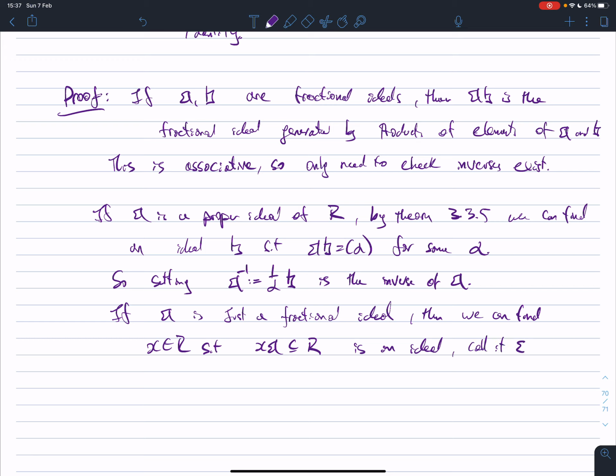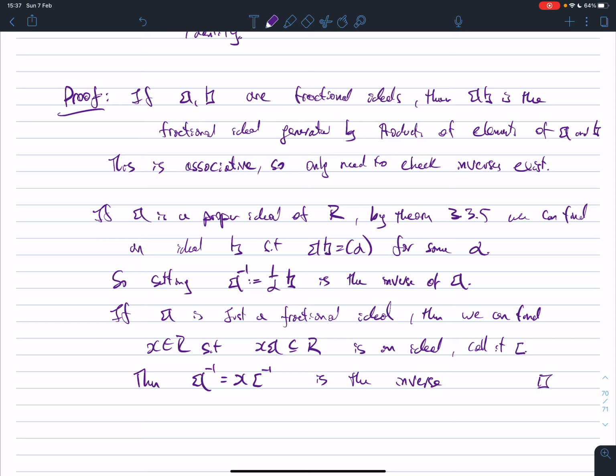Let's give it a name, C. Then A to the minus 1 is going to be x times C inverse. So this is a normal ideal C, so I know how to do the inverse for the first part, and then to get the inverse for the whole ideal, just multiply it by x. And I think this is not an x inverse, it's an x that shows up. So this is the inverse. Great.